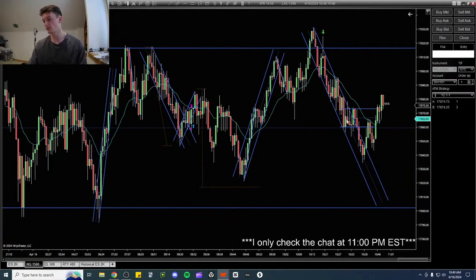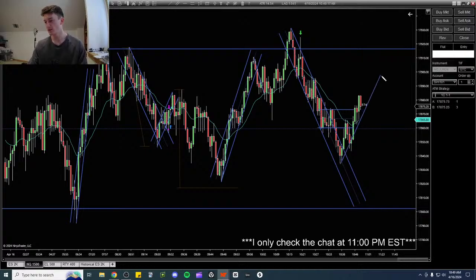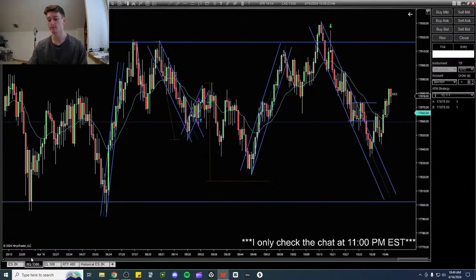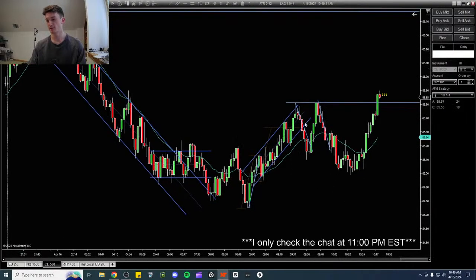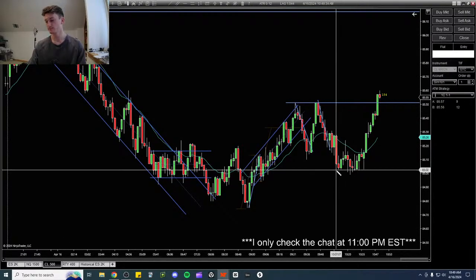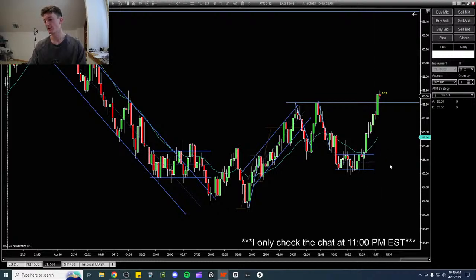On the NQ, this downtrend appears to have played out. The feeling not as great about taking a long on the NQ right now because it's kind of in the middle of nowhere. But the ES, I do like possibly taking a long here. On CL, looks like this short-term downtrend played out. Found like a congestive area here, and then now we are moving higher.